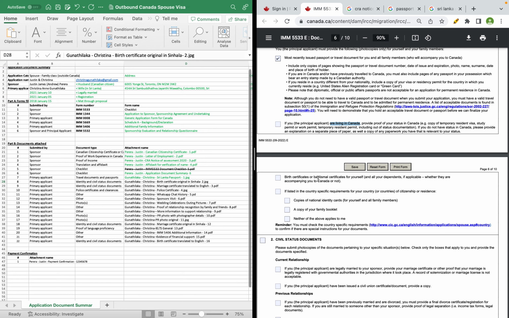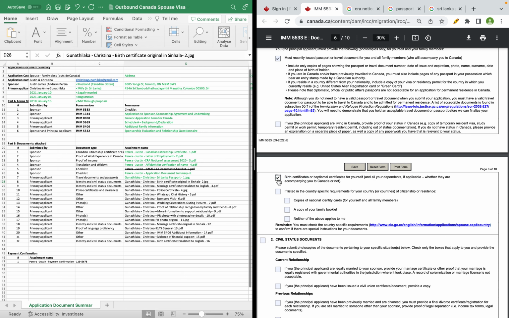Next, birth certificate or baptism certificate for yourself. Definitely I had the birth certificate, but it was in my mother tongue, which was Sinhala.